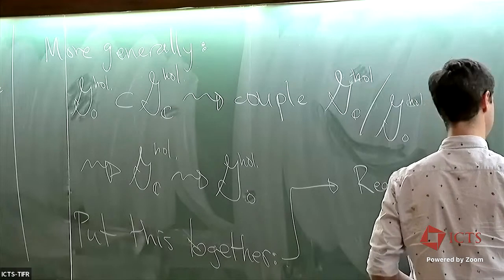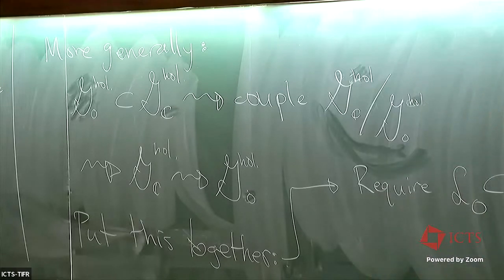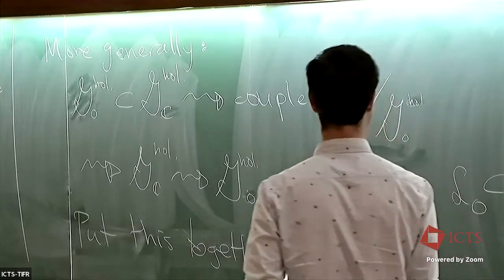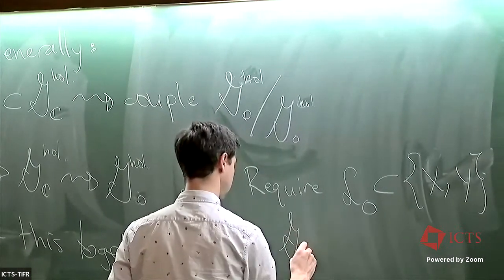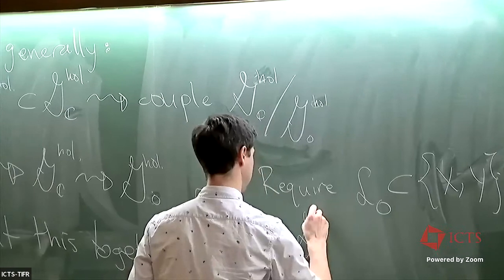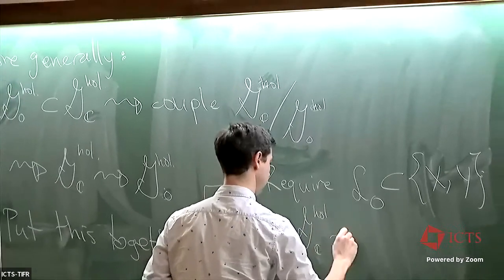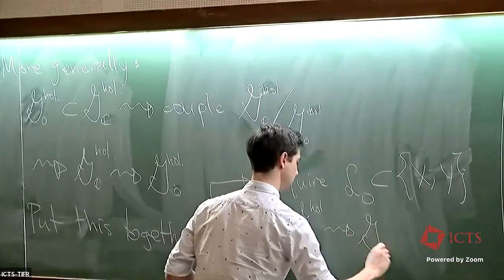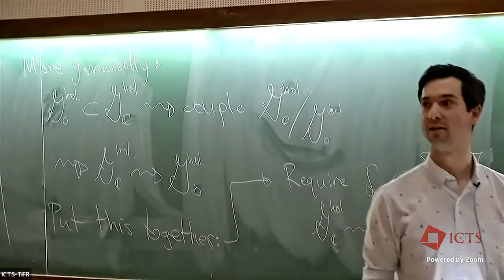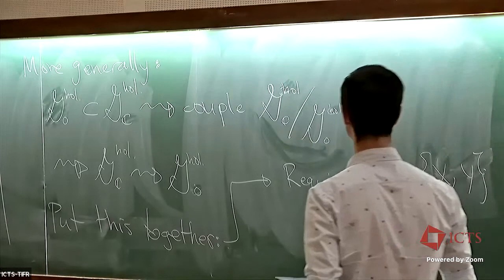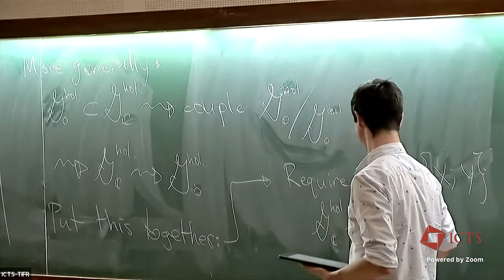I'll just lazily denote that bracket X and Y. And our gauge group gets broken to some preferred group G0 holomorphic. And if this is to make any sense, I need L0 to be preserved by G0.